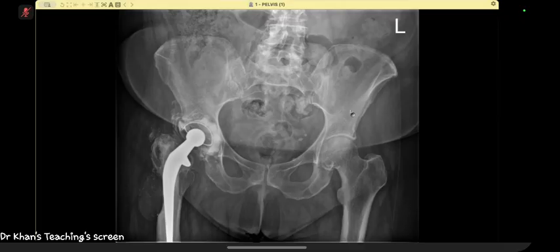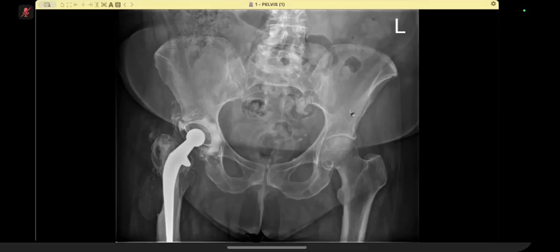I can trace the borders of the right iliac blade as well as the left iliac blade. I don't see any obvious other abnormality. So I would like to focus back on the right hip joint.